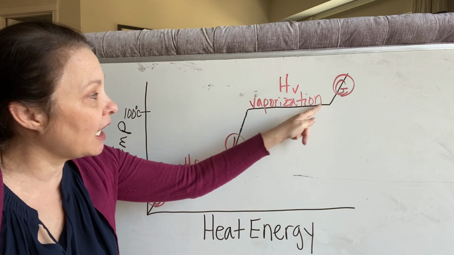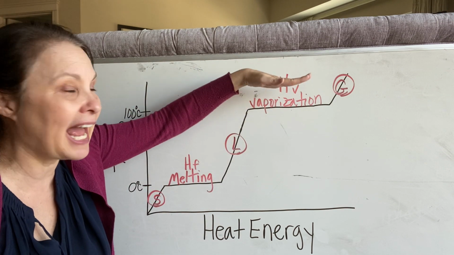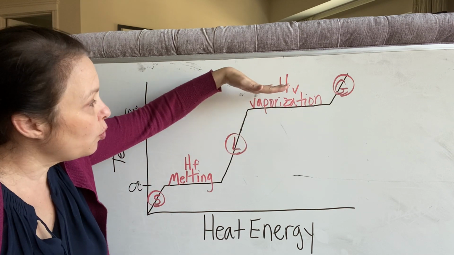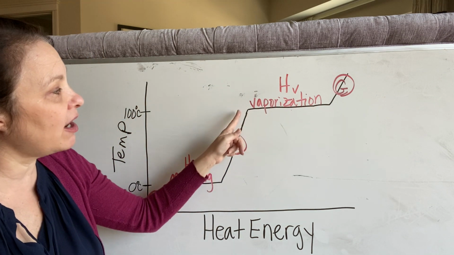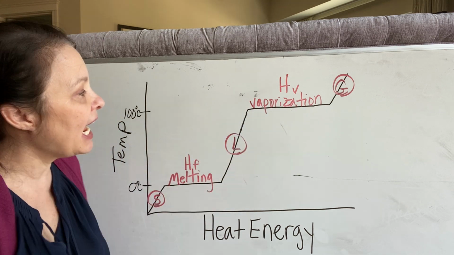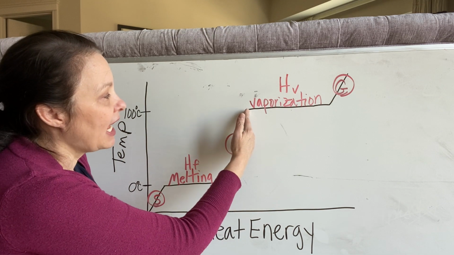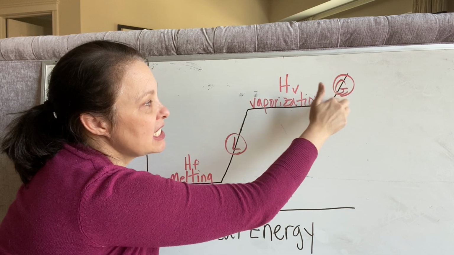So again, we hit another phase change, and that is represented as a flat area. So once that water gets to 100, we go through the vaporization process as we cross this little flat bridge. And again, we start it as liquid and we end it as a gas or steam.